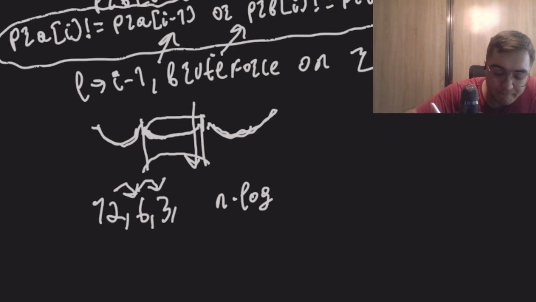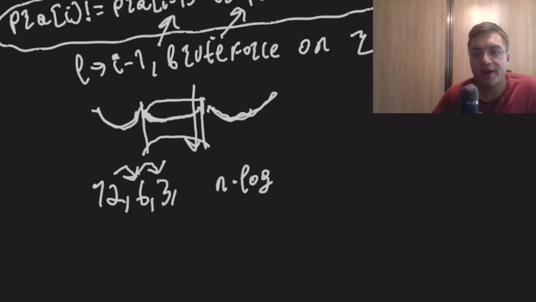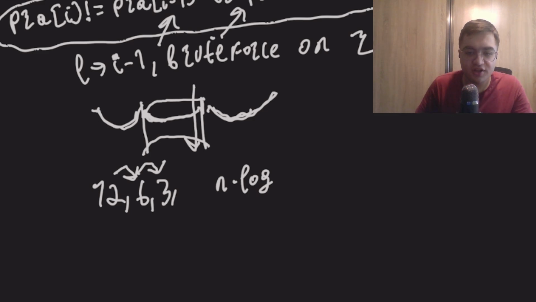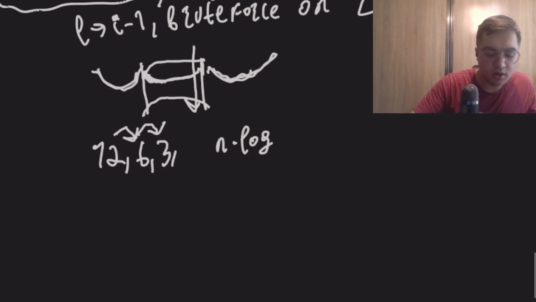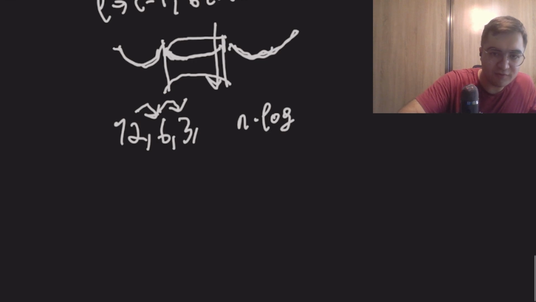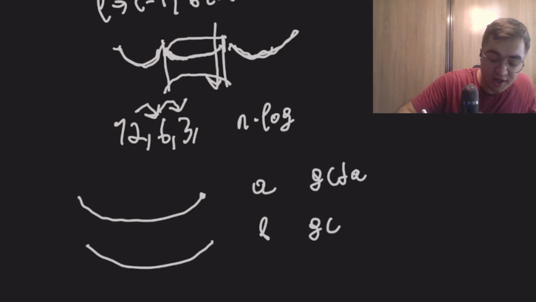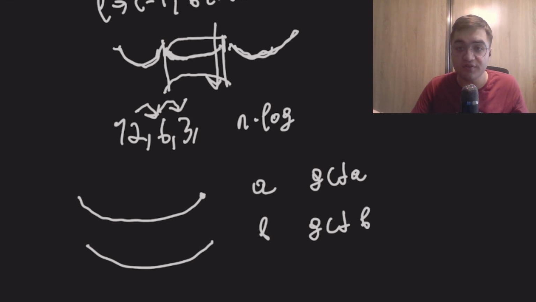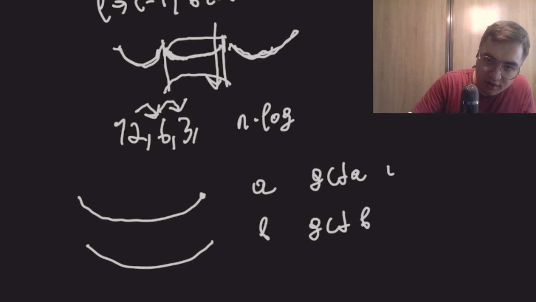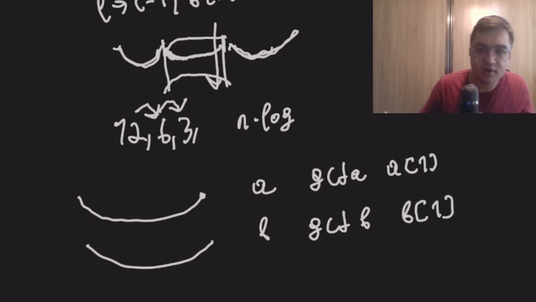Okay, so now let's try to understand why this is correct, right? For this, I want to talk about a solution that is easier to understand why it's accurate. Let's say instead we fix the GCD of the first array and the GCD of the second array, right? So there's some GCD A and GCD B. And you can actually fix this because the GCD is always a divisor of A1 here and a divisor of B1 in here, right?